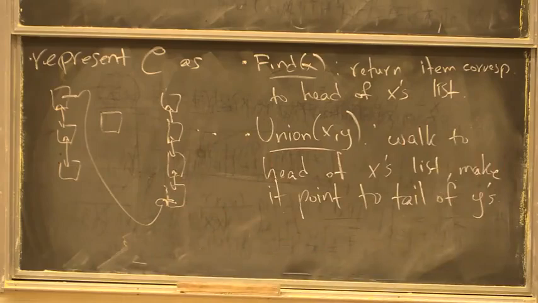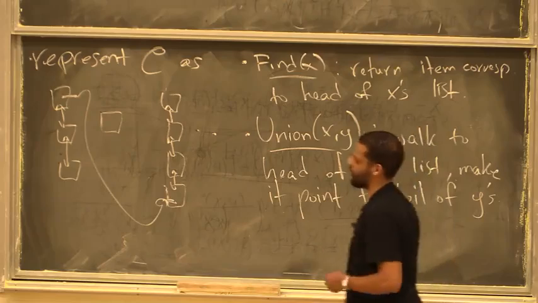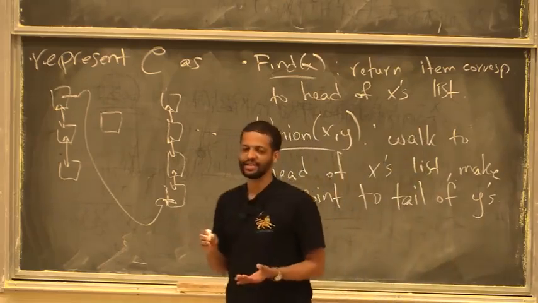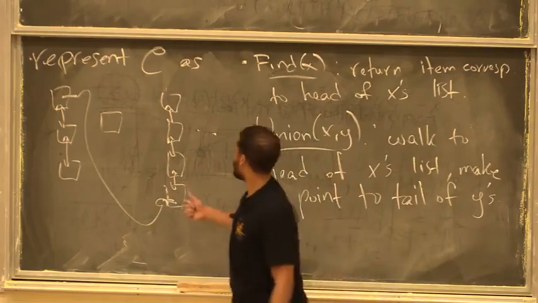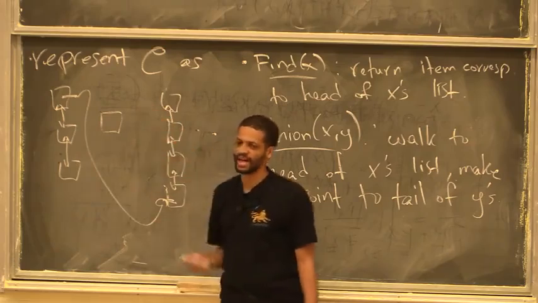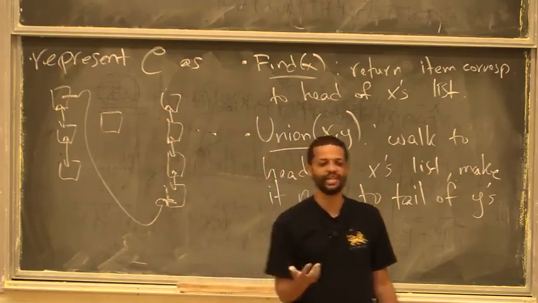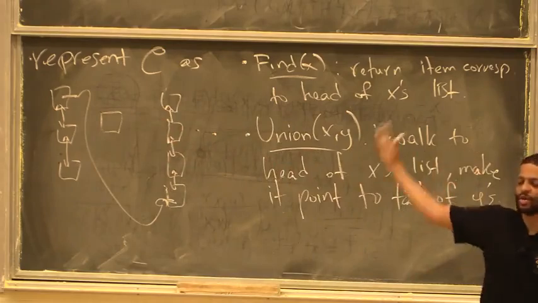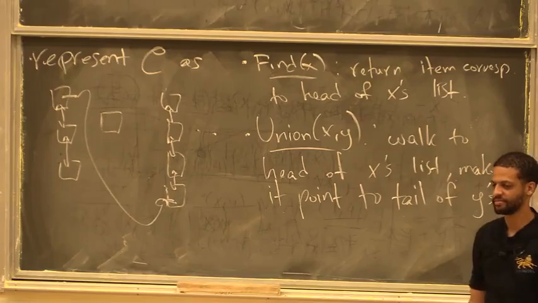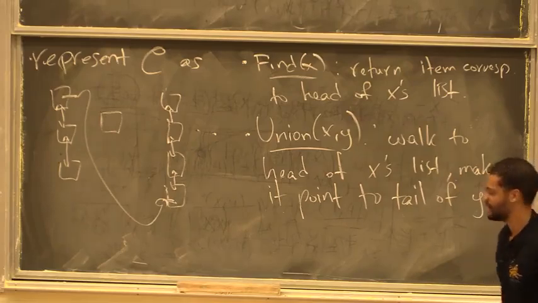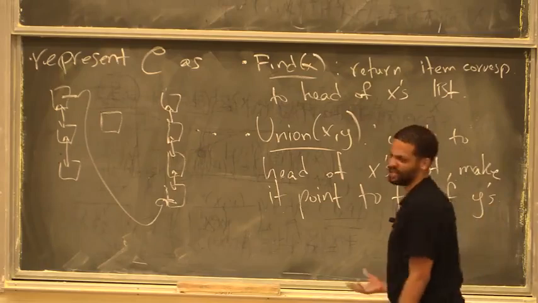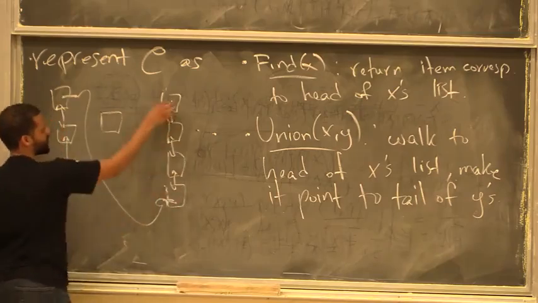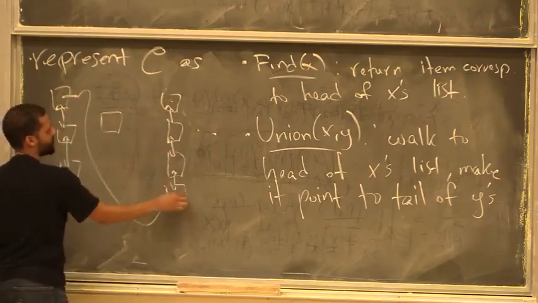And let me just note right now, because I'm going to use it in an optimization that I'm going to discuss soon, I could also make it singly linked, where I only have pointers going forward toward the head. And then I could also maintain the invariant that the head node remembers who his tail is. Right? And I can maintain that fact under unions. So basically Y goes to his head. The head remembers who the tail is.